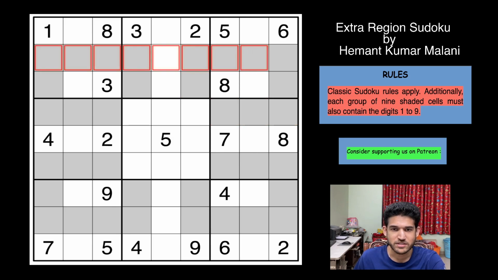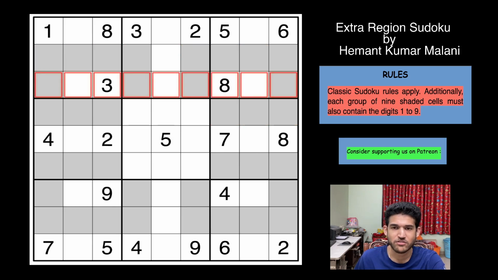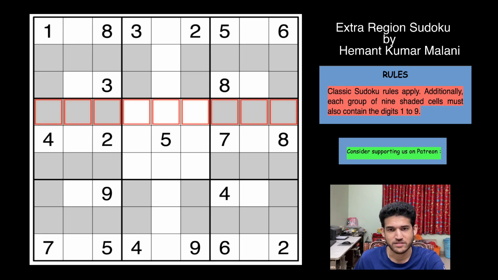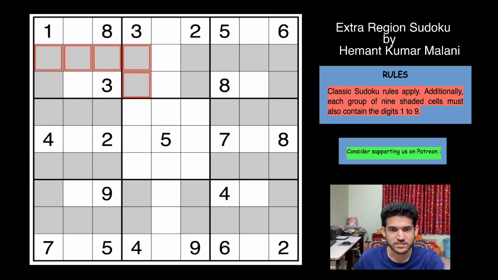These 3 rows have exactly 3 sets of digits from 1 to 9. Now, these 2 regions have 2 sets of digits from 1 to 9. Which means that the remaining white cells must also take digits from 1 to 9 to keep the balance. So what I'm basically saying is that all these green cells will take the digits 1 to 9, right?